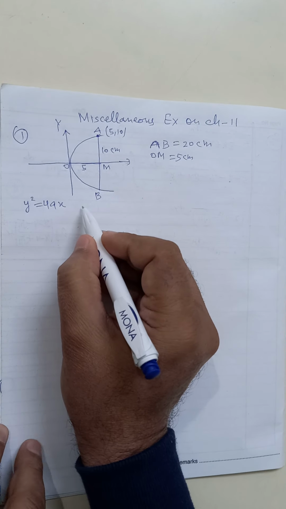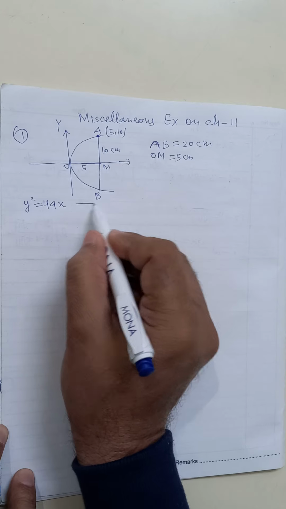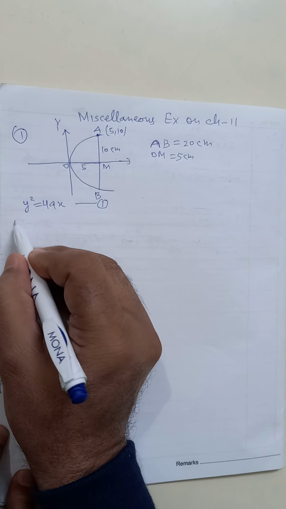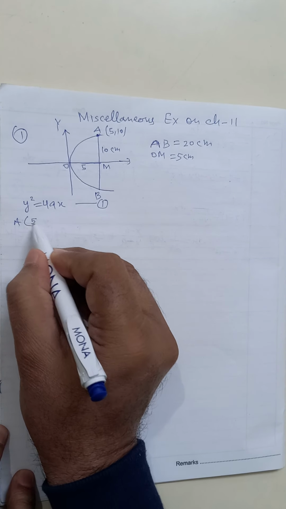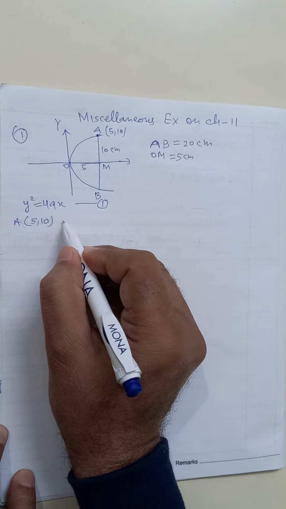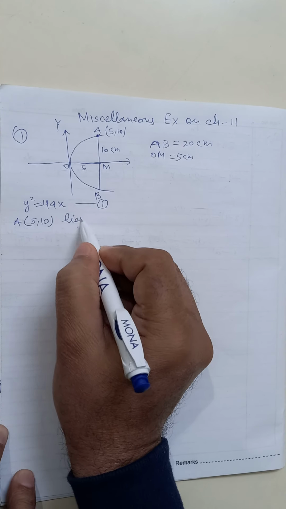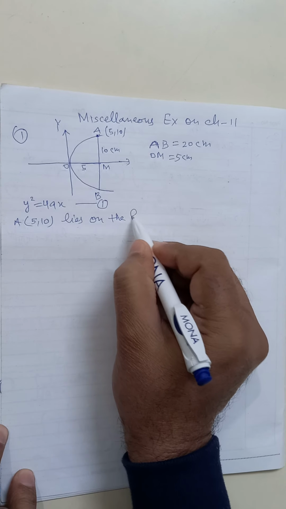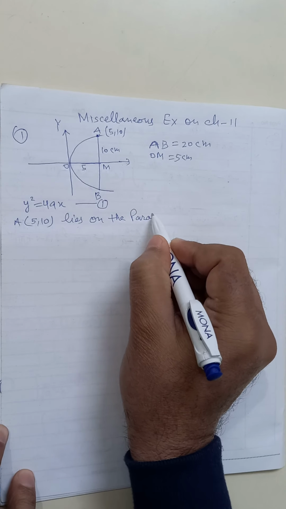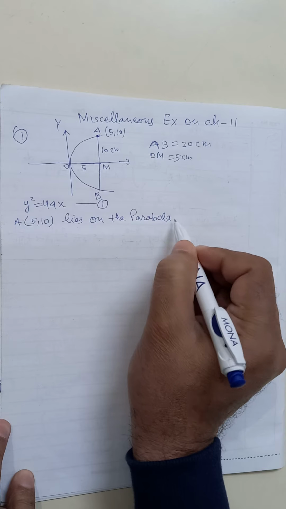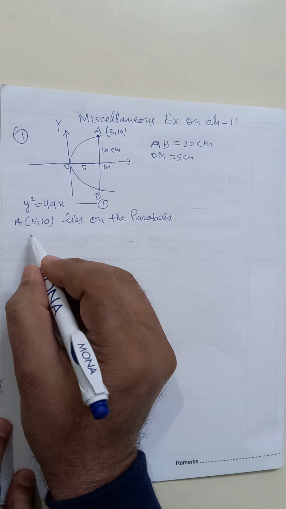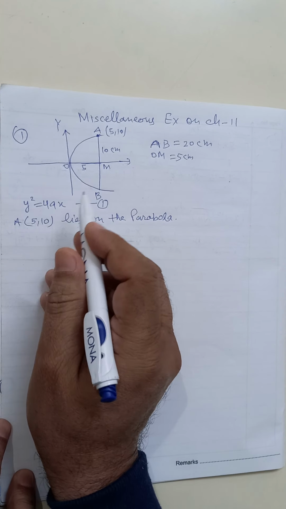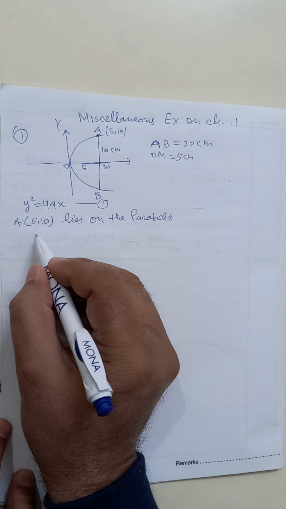Clear? You know that the point 5 comma 10 lies on the parabola. Therefore, the coordinate of A satisfy the equation of parabola.